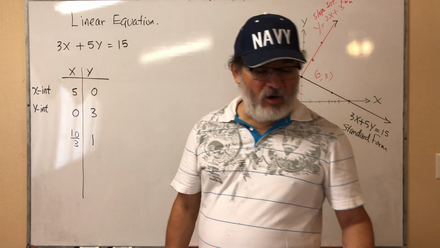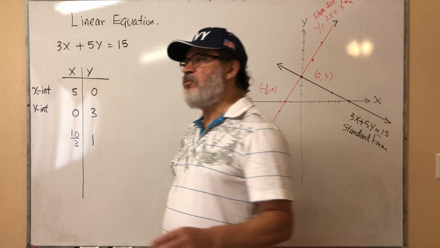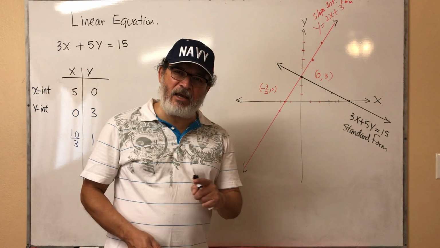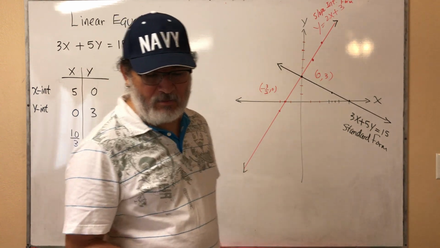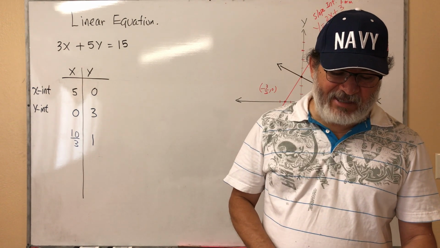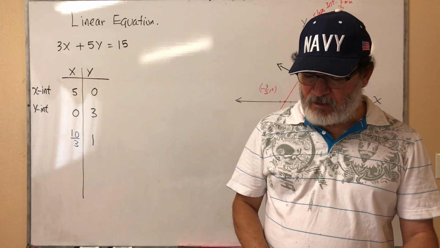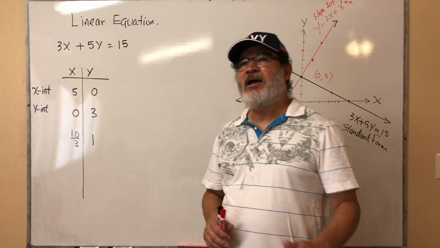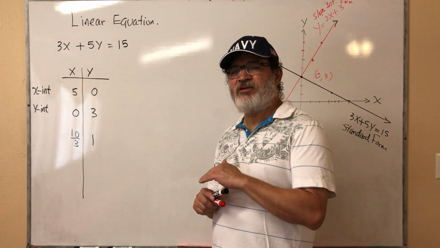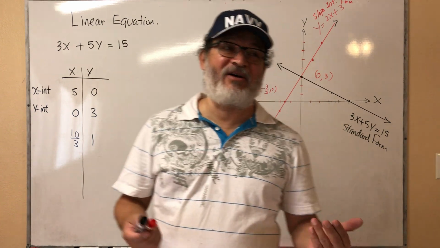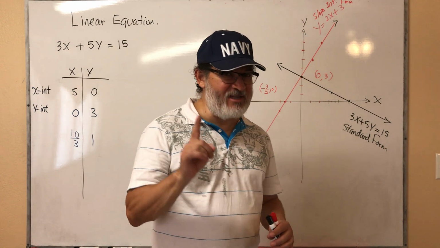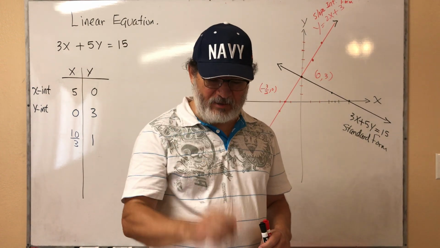Okay, the slope is really the rise over the run. Once again, the slope is the rise over the run. And every line, well, I shouldn't say every line, but most of the lines have a slope. There is one type of lines that do not have a slope.